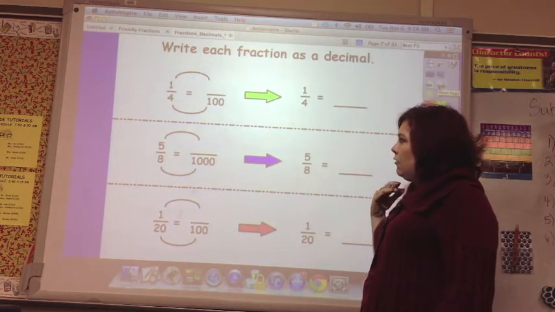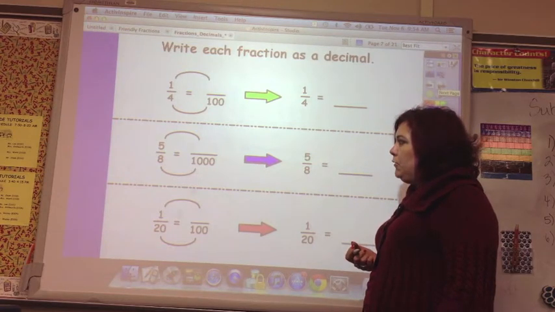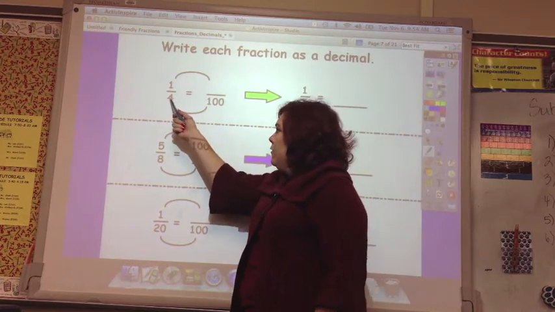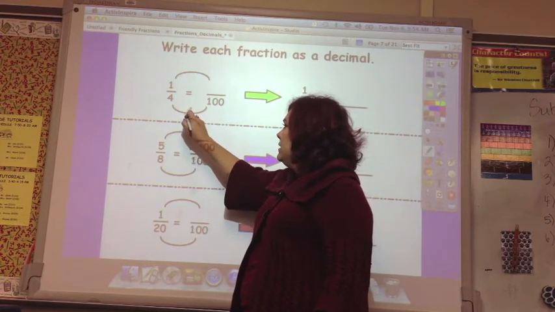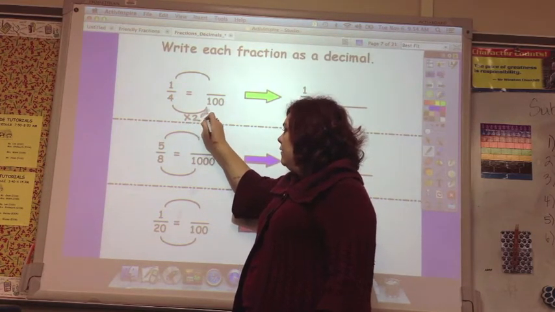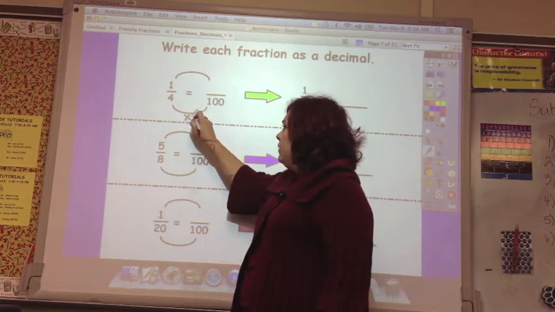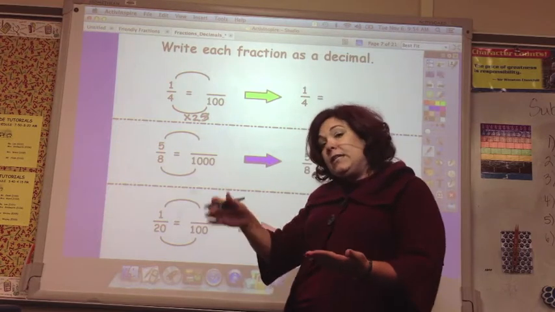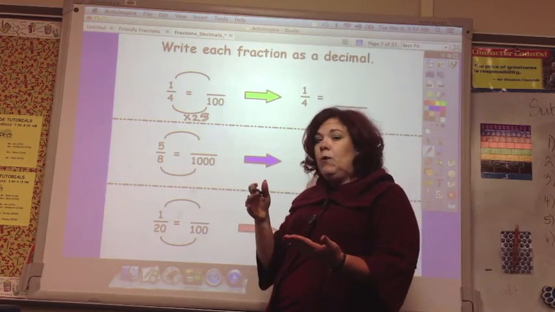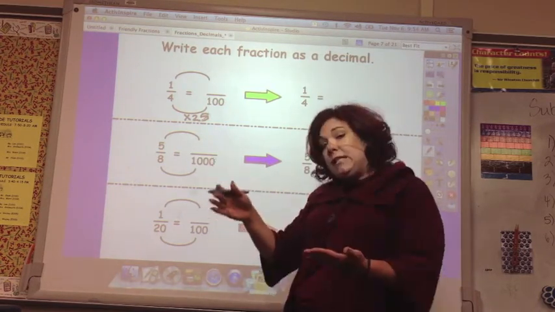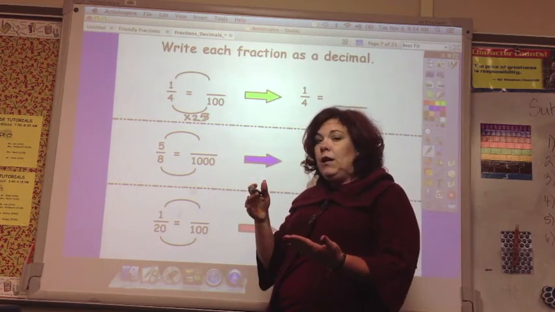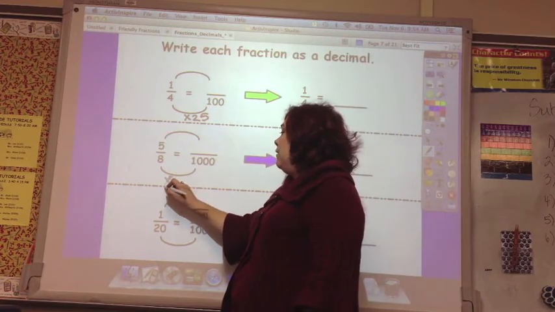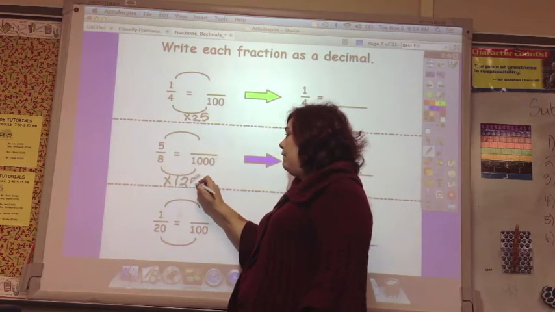And here are 3 problems for you to give it a shot. Know that whenever you're going from 4 to 100, it's times 25. And 8 doesn't go to 10. 8 doesn't go to 100. 8 goes to 1,000 by 125.